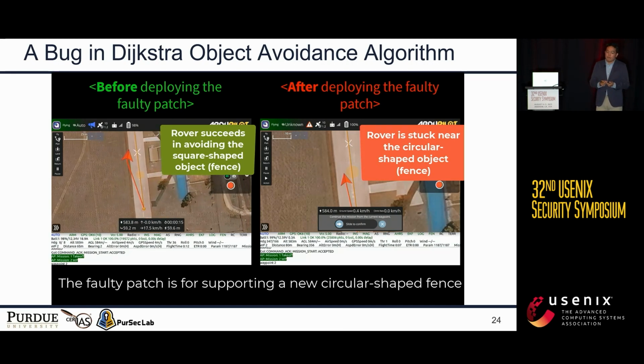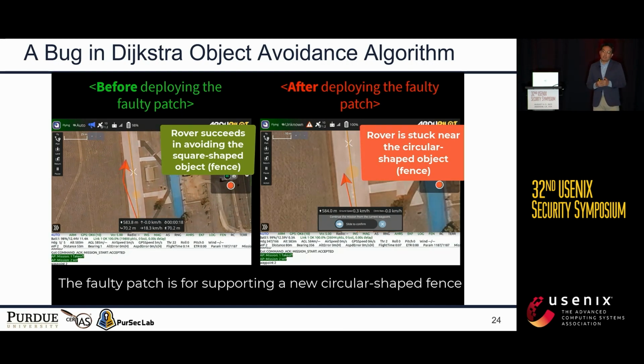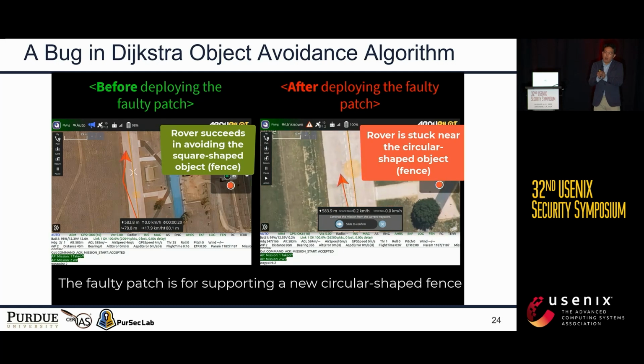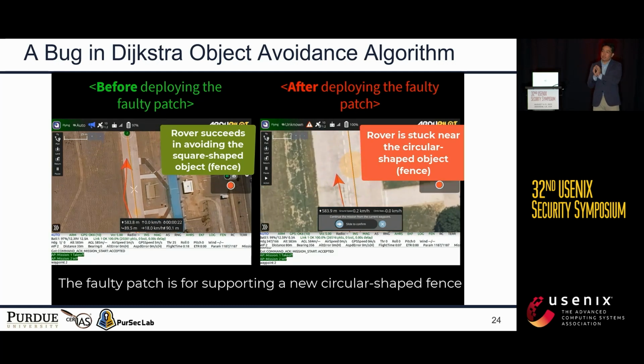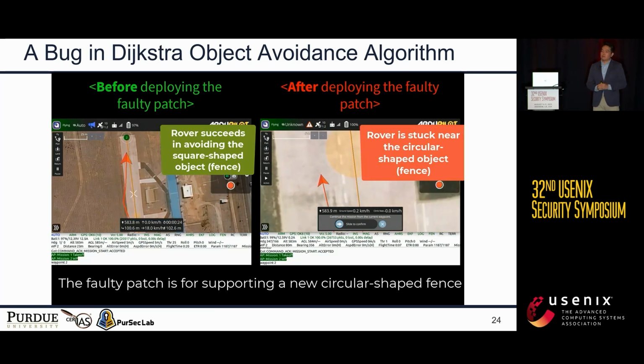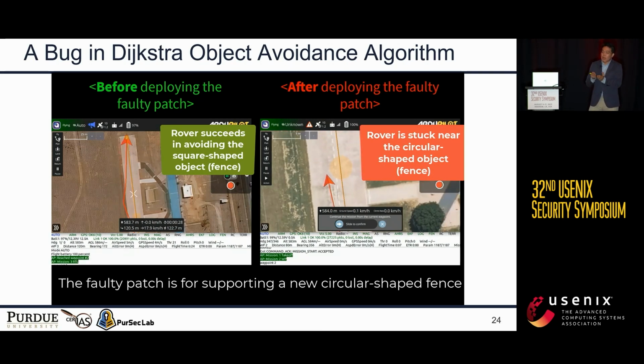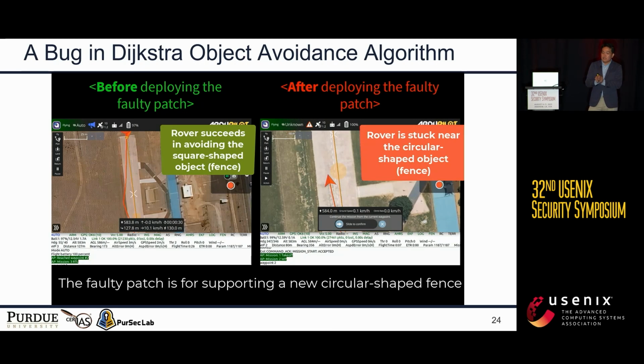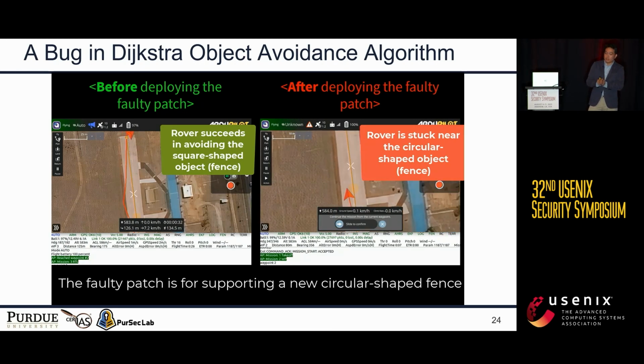So as you see, in the case of the unpatched version, the vehicle will avoid the square-shaped object and continue the given mission. On the other hand, unfortunately, in the case of the patched version, the vehicle is stuck near the circular-shaped object and then failed to complete the given mission due to the buggy behavior created by the faulty patch.